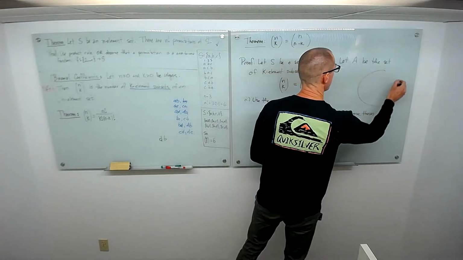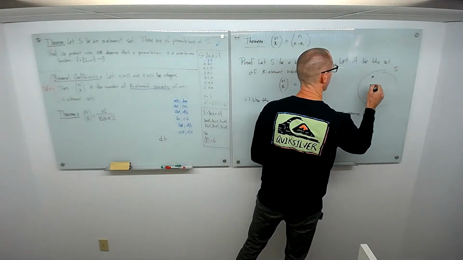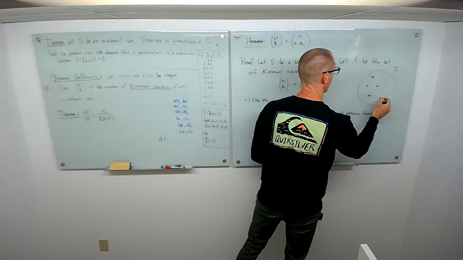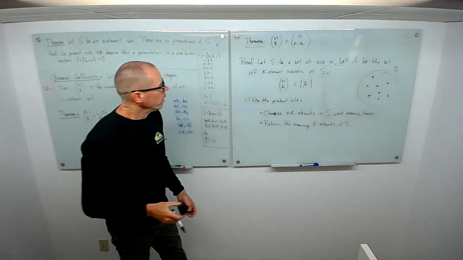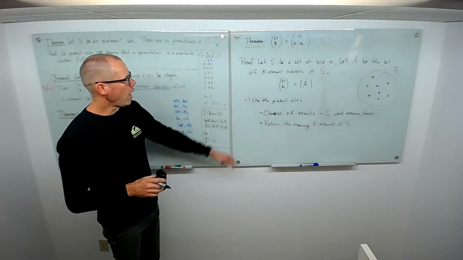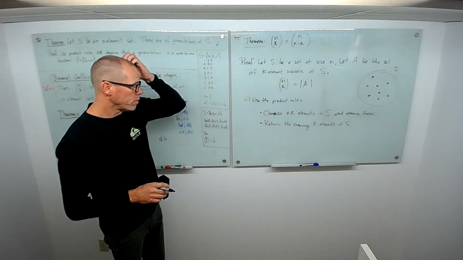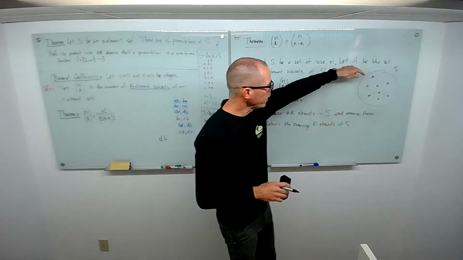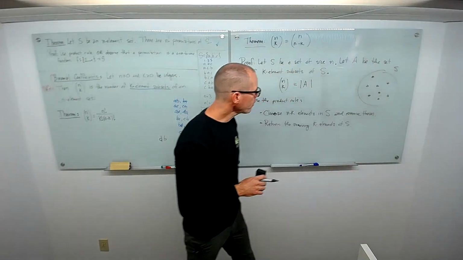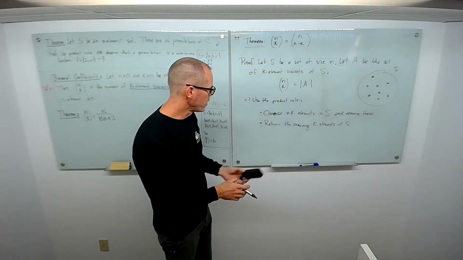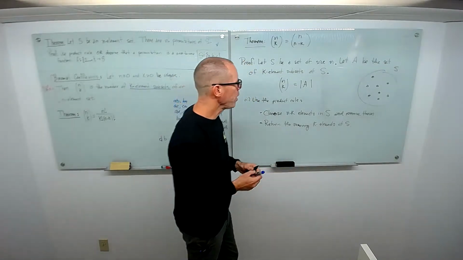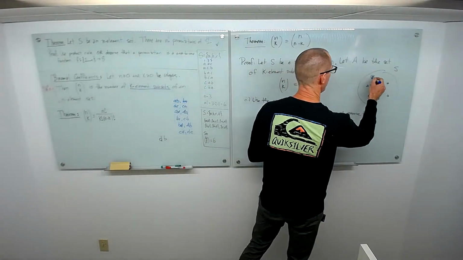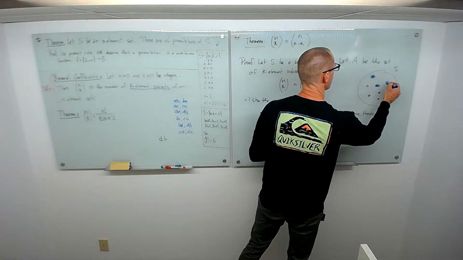Right, so I have some set S. I want to pick a k-element subset. I can either do it directly by picking k elements, and I get that subset. So for instance, for k equals 3, I might pick these 3 elements.